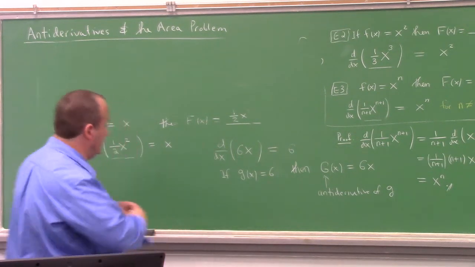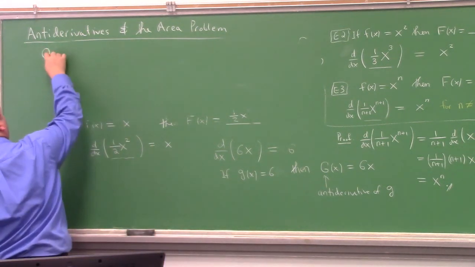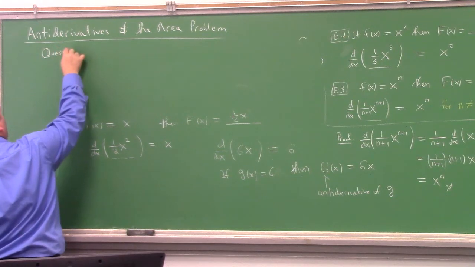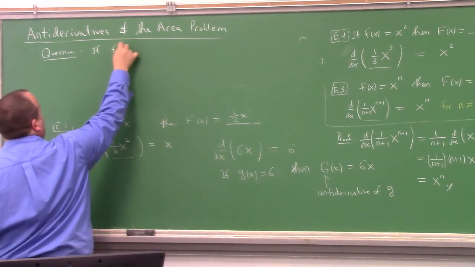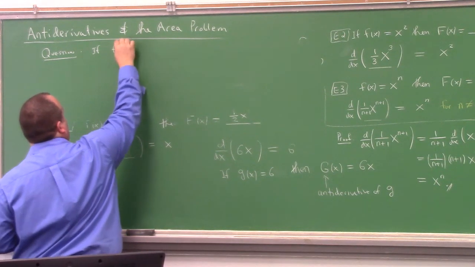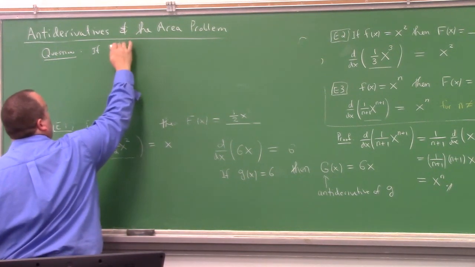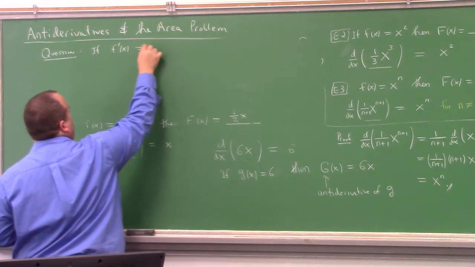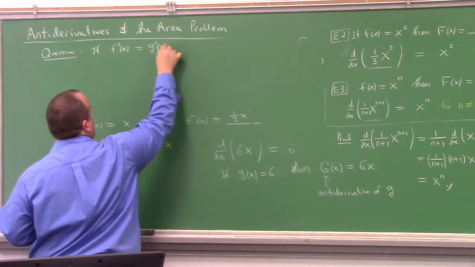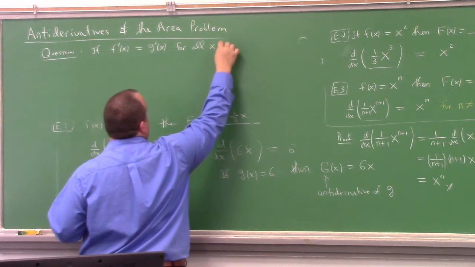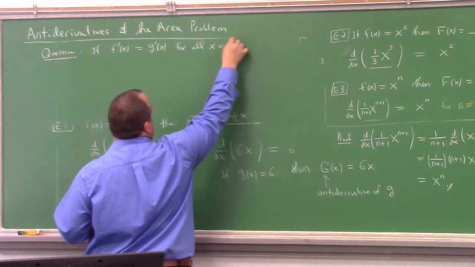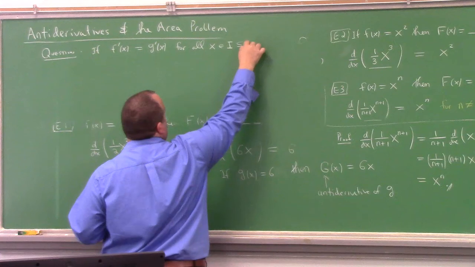So let's suppose, here's a question. If f prime of x is equal to g prime of x for all x in I, and this is a subset of the reals.